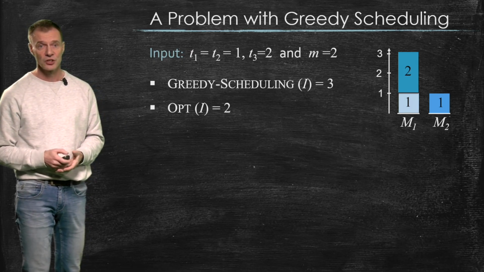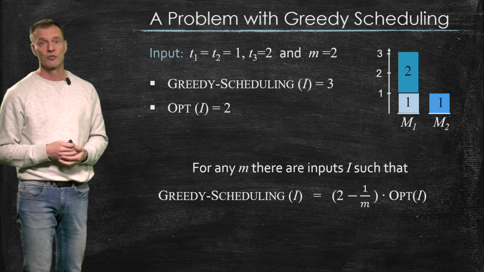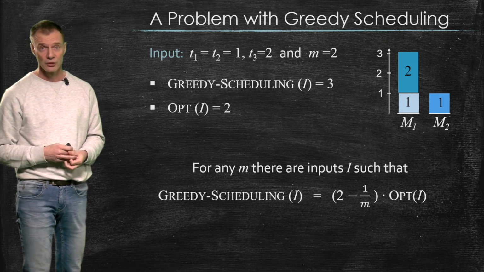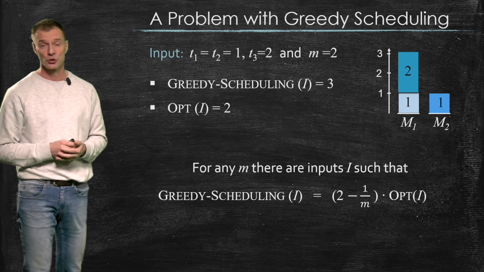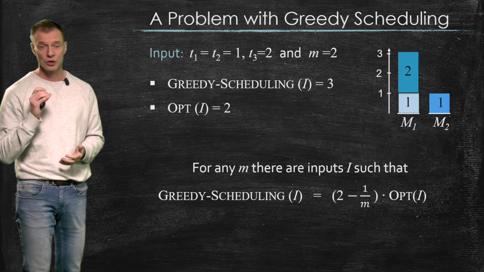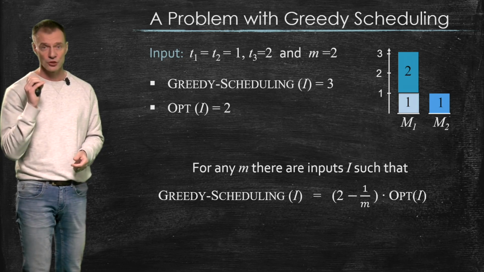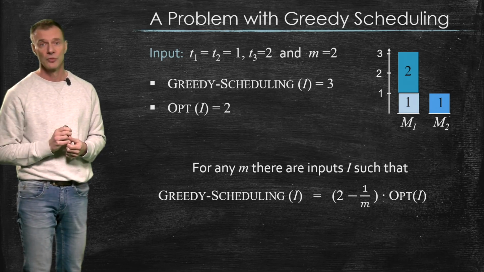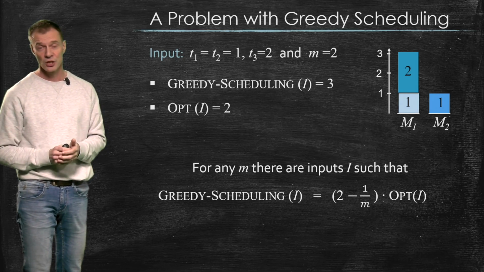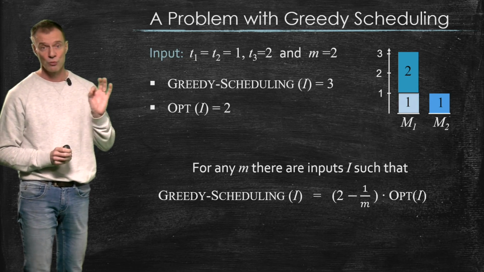So in this case, our algorithm will give something with makespan 3. The optimum is 2. So here the approximation ratio, the ratio between these 2 values, is 3 divided by 2. And for 2 machines, this is exactly the same as 2 minus 1/m.